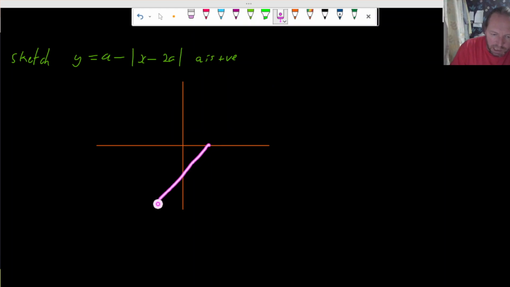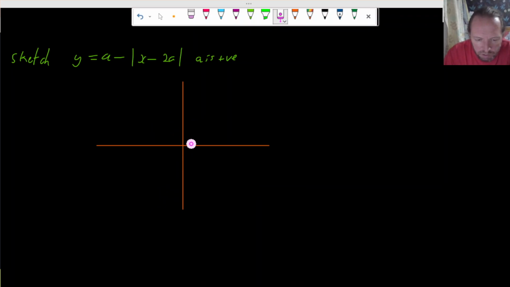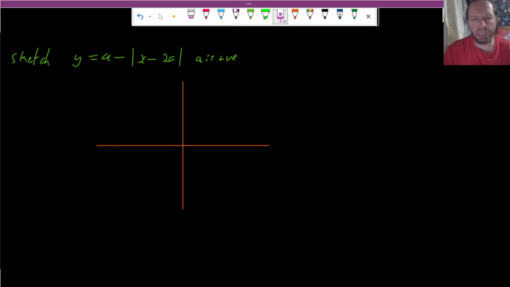So that means that the minus of it is looking something like that, which then means if we are adding a to it, we will be jumping up here like this, so that it comes up an a amount. Which means we do have to work out where they are going to come through. So I wonder if it's going to come through the center 0. Let's have a little look and see where it comes in.